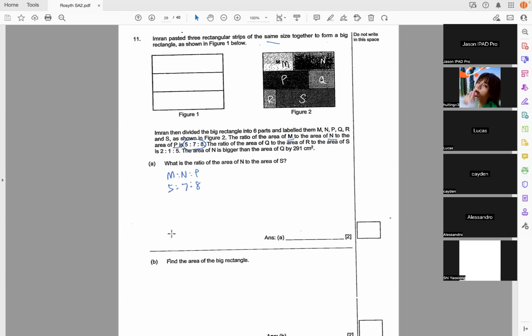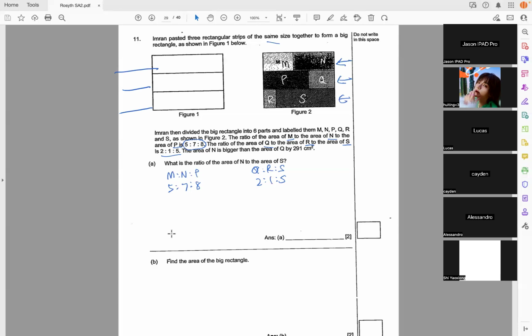Then you have Q to R to S is 2 : 1 : 5. Standard process, whenever you have 2 ratios, you need to look for a common base. The common base will be, because they are identical strips, R plus S must be equal to P plus Q, which must be equal to M plus N.